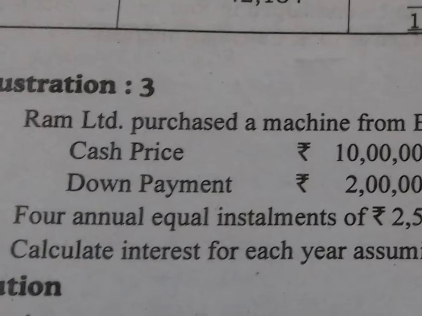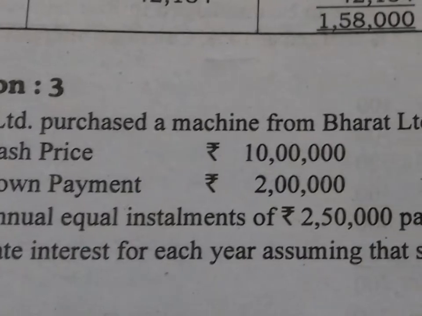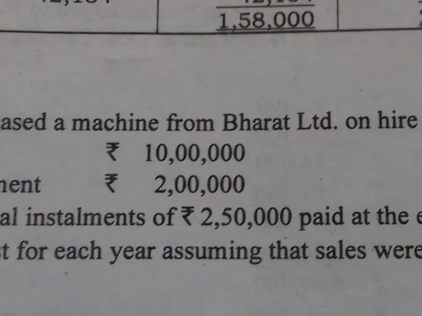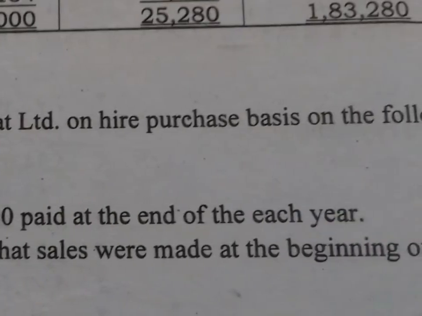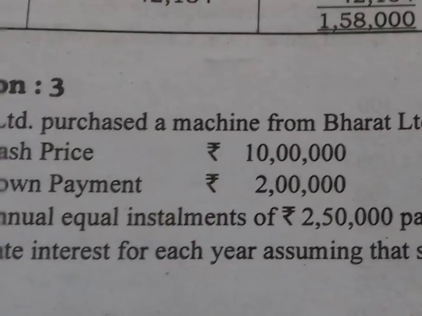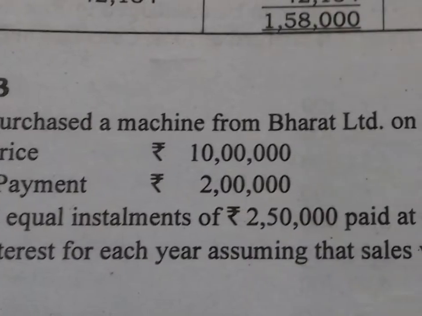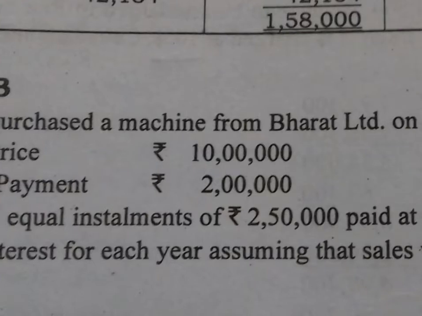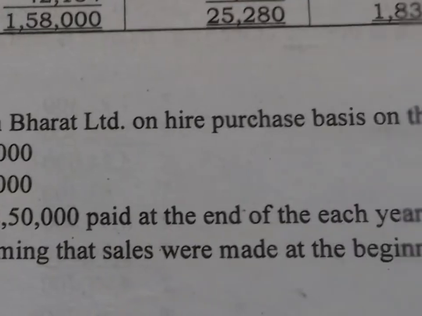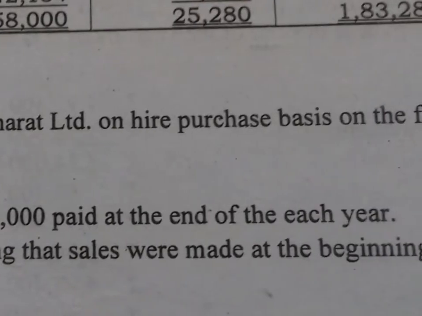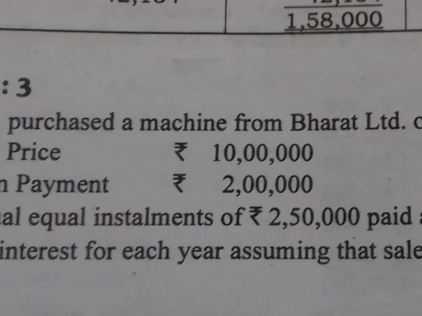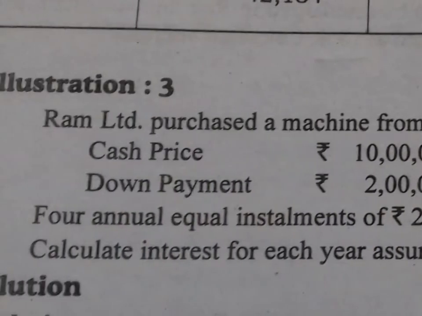Further they are saying 4 annual equal installments of rupees 2,50,000 paid at the end of each year. Now see here students, they have given the amount of installments. So almost this is very much similar to the problem which we have done earlier.